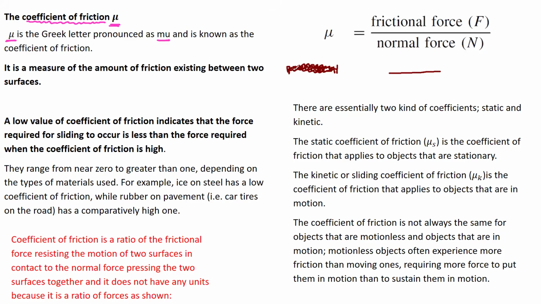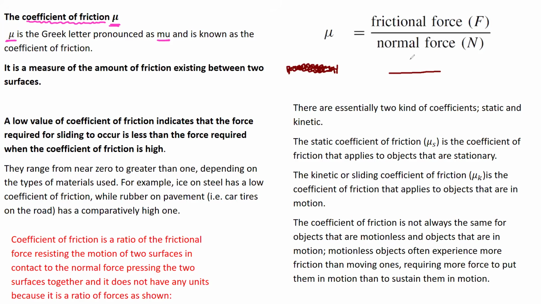Let's make it simpler and then go back to physics. The stoop has a low value for the coefficient of friction. Why? It's because the force required to move an object on the stoop is less than the force required to move the same object on the gravel surface.